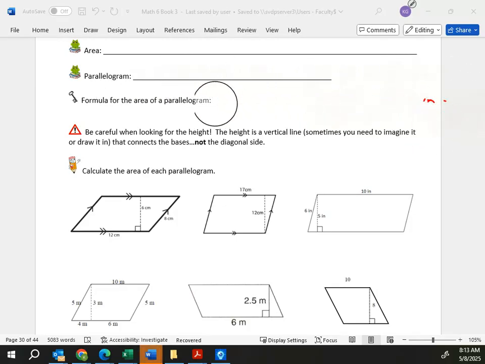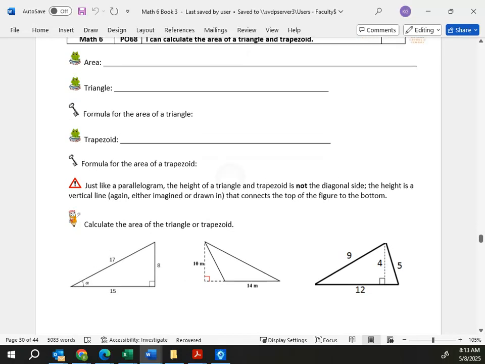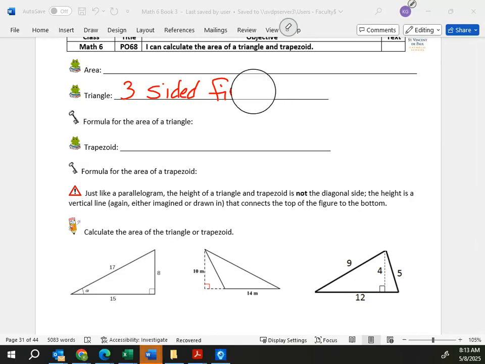All right, next objective. Now we have the triangle and the trapezoid. So we've worked with triangles before. Triangle is a three-sided figure. And the formula for the area is 1/2 of the base times the height.